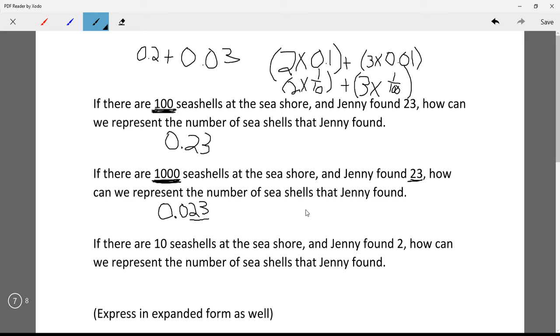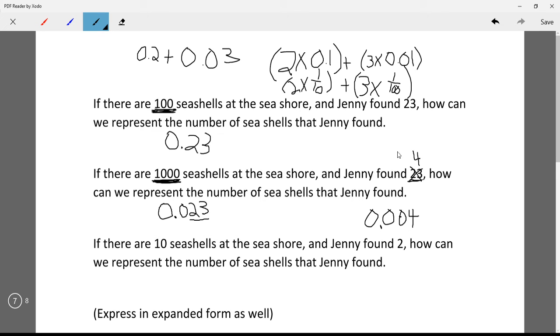So if it was 4 thousandths, let's just say for a second that she found 4 out of 1,000, it would be 0 and then, that was almost 4 hundredths, so it would be 4 thousandths. Okay?